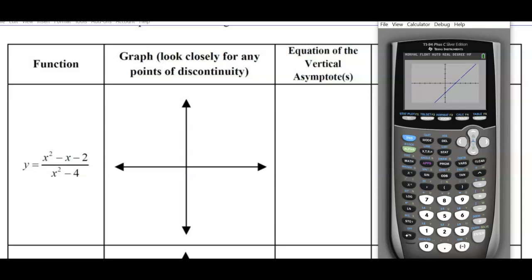Here, we're just going to graph it in our calculator, and then we've got to learn some things already, and we're going to confirm it algebraically on the right-hand side of the chart. We're going to go back to standard screen.